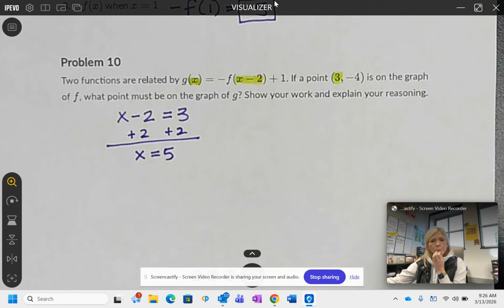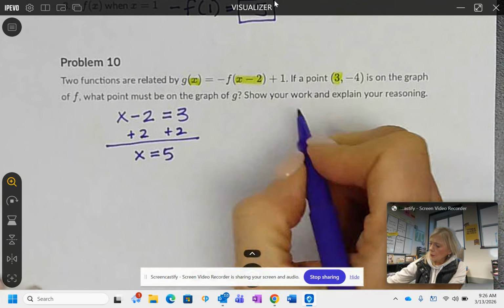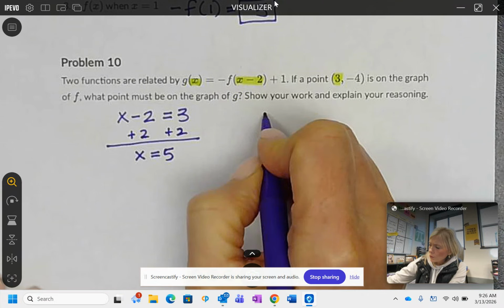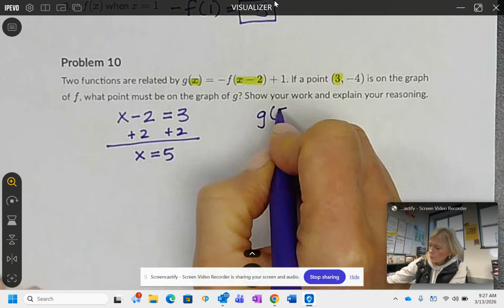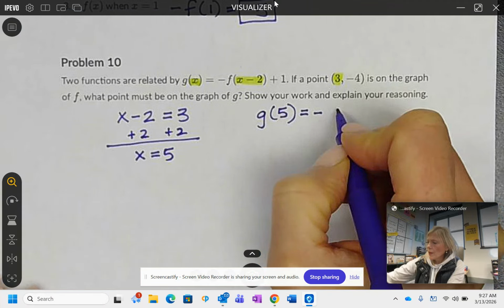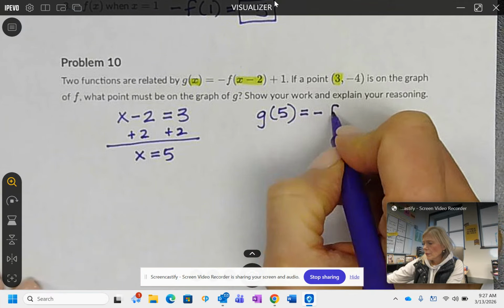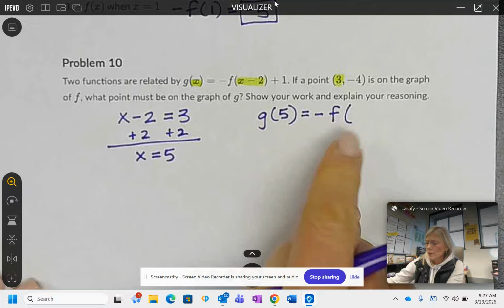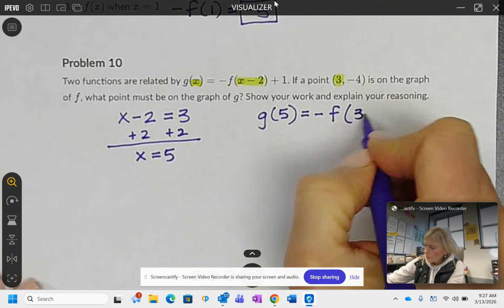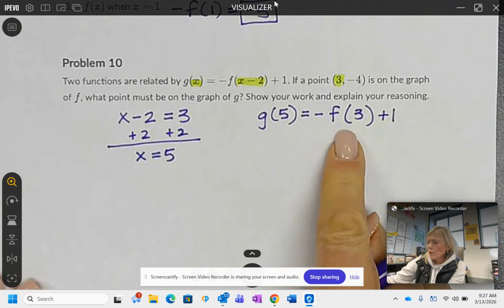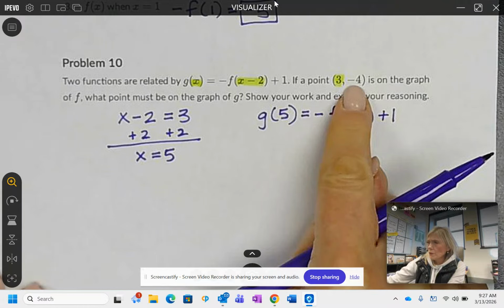And so it tells me here, I'm just going to replace the 5 here. So g of 5 is equal to the negative of f of 5 minus 2, which is 3, and then plus 1. So f of 3 is negative 4.